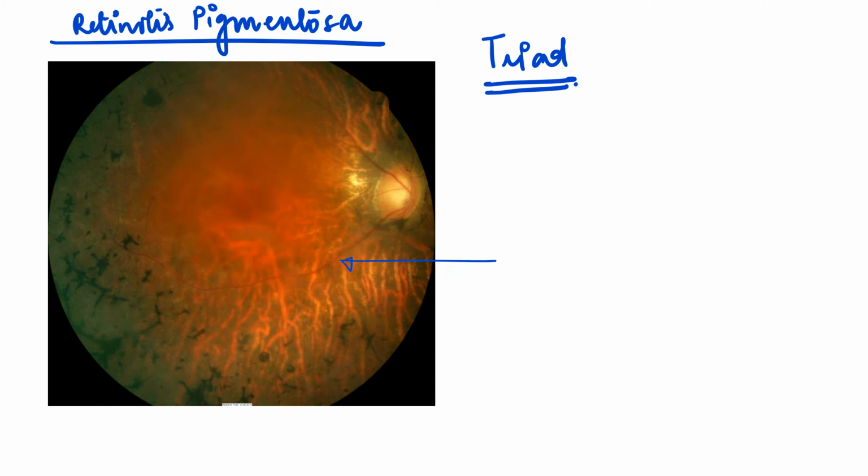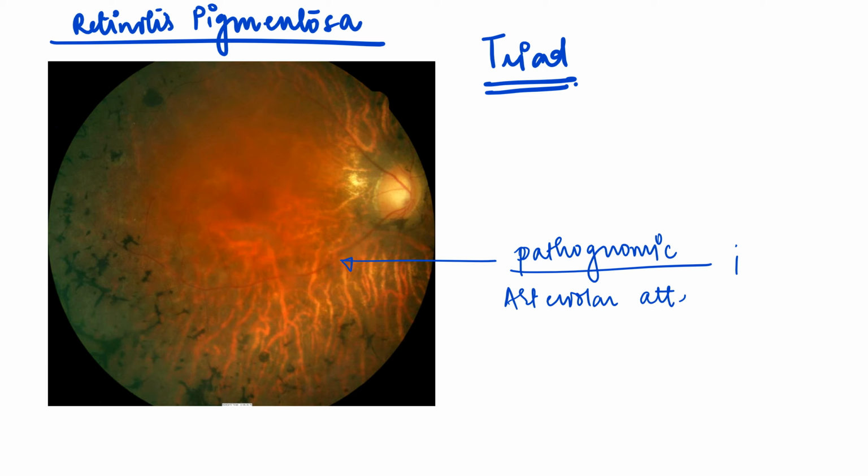First and pathognomonic is the arteriolar attenuation. That is the narrowing of the arteries and they become thin and sclerosed. We see a waxy disc pallor in late stages.